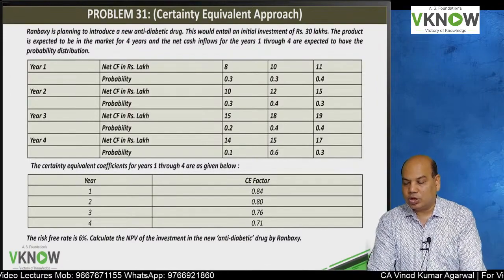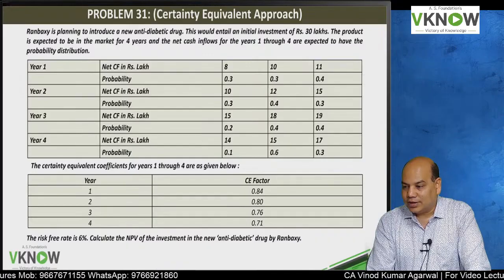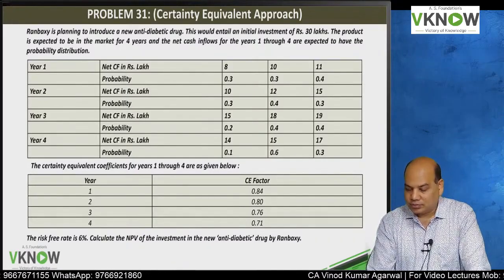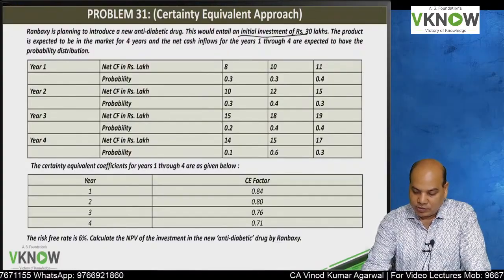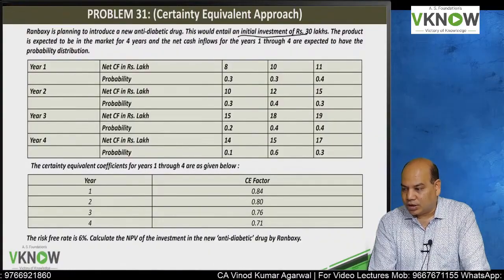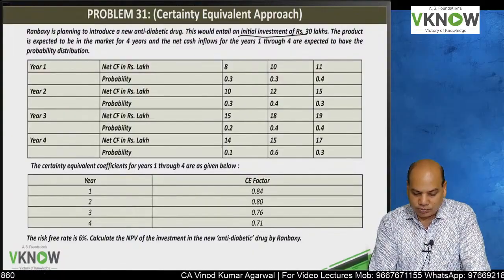Ranbaxy is planning to introduce a new anti-diabetic drug. This would entail an initial investment of rupees 30 lakh. The product is expected to be in the market for 4 years, and net cash inflows for years 1 through 4 are expected to have the following probability distribution.